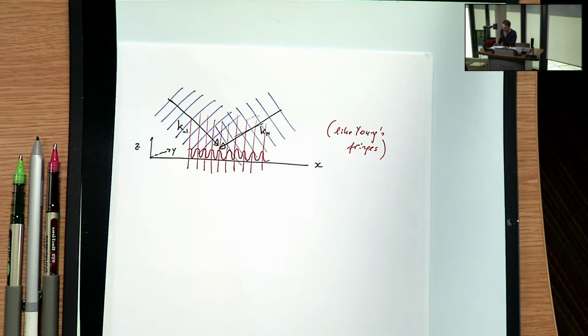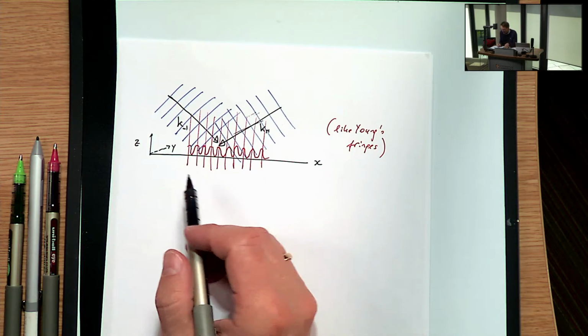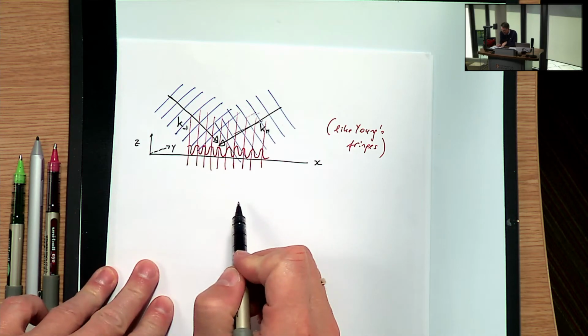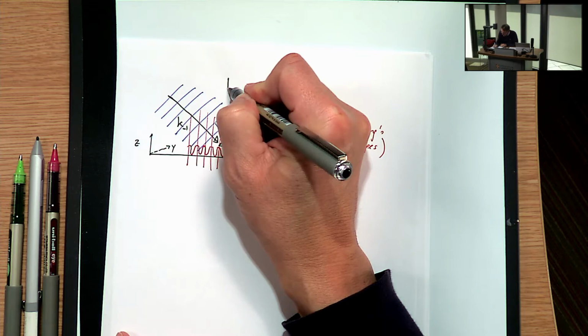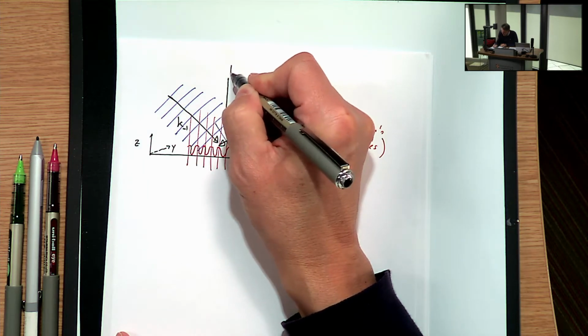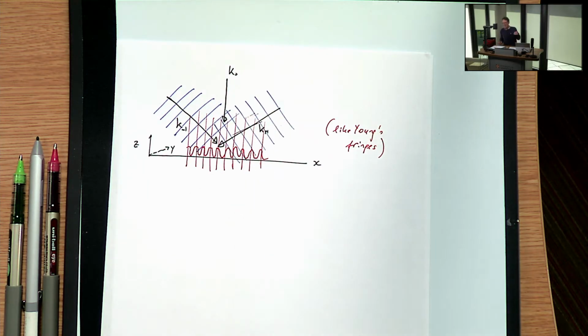But how can we actually generate fringes also along Z? You can do that by putting another beam in, which I call K0. So that's going straight in. That would be the zero order that we've also seen. So there's three spots, and I want to ask you what you think happens in this case.